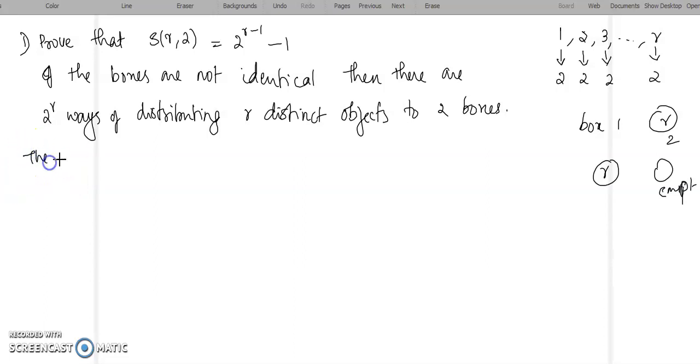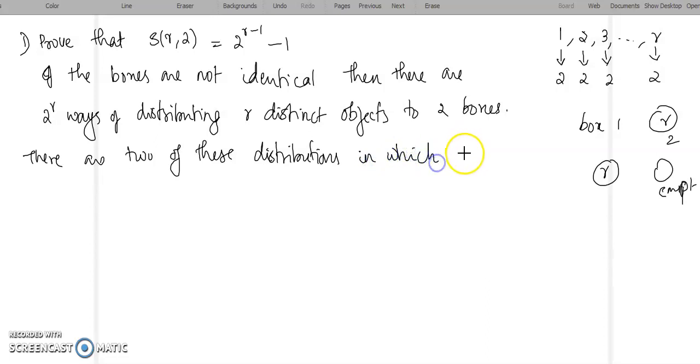Okay. So there are two of these distributions in which all objects are placed in a single box.